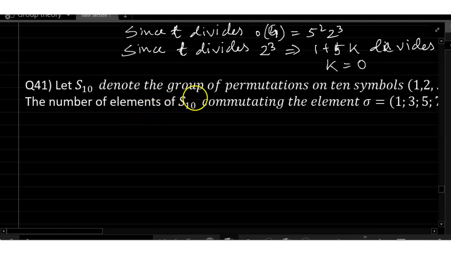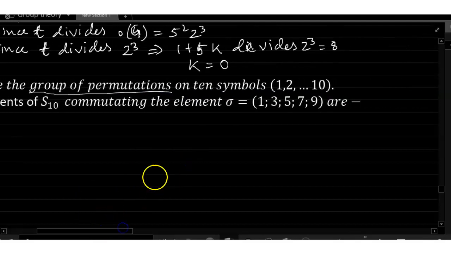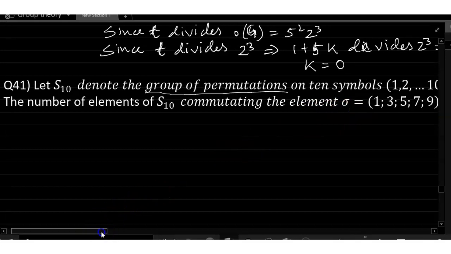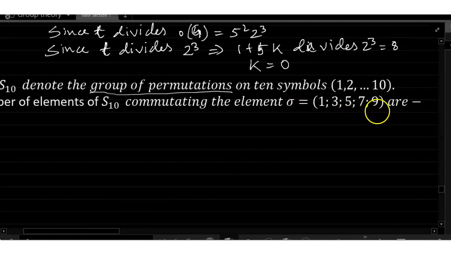Let S10 denote the group of permutations on n symbols. So the number of elements is 10. Counting the permutations commuting with sigma, where sigma is given, tau belongs to S10.